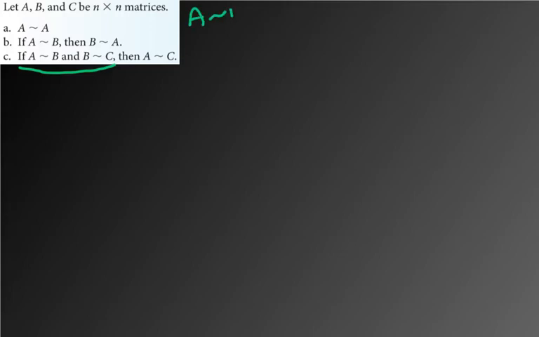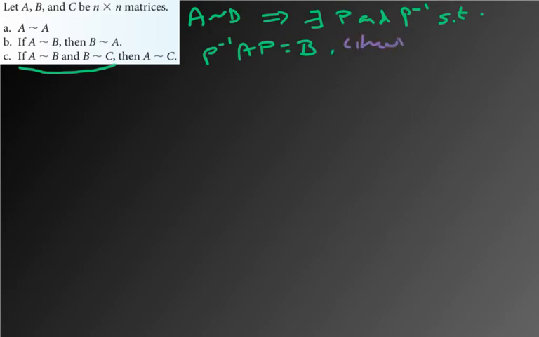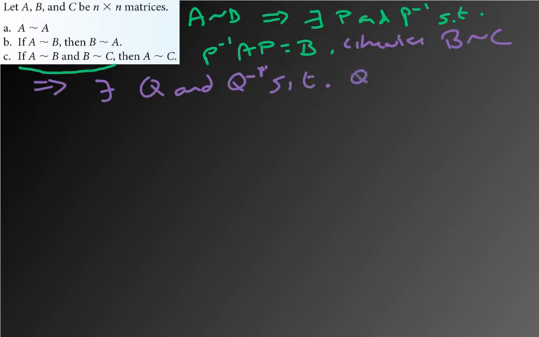A similar to B implies there exists some P and P inverse such that P inverse AP is B. Likewise, B similar to C implies there exists some Q and Q inverse such that Q inverse BQ equals C, okay?